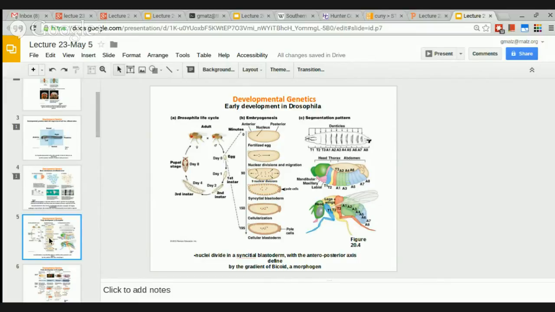So after that, you have 3 larval stages that are motile, and those larvae look for food and crawl around in the food. And these are called first instar, second instar, third instar. And the third instar then finds a place in which to develop a pupa. So that's the pupal stage.